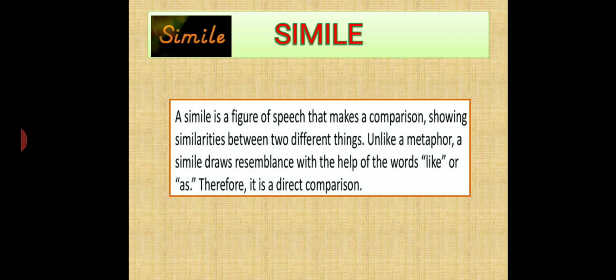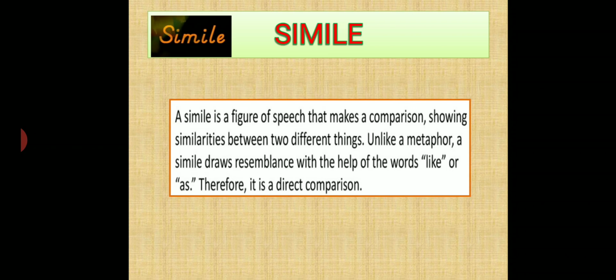So, when we compare two objects or two persons using the word like or as, it becomes a simile. For example, she looks like a princess. She is one person and princess is another, but we made a comparison using the word like. So, it is a simile.